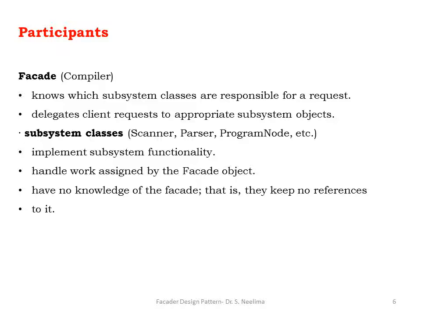The second participant is the subsystem classes. In the figure, it can be the scanner, parser, program node, etc. These subsystem classes implement subsystem functionality and handle the work assigned by the facade object, and they have no knowledge of the facade, that is, they keep no references to it.